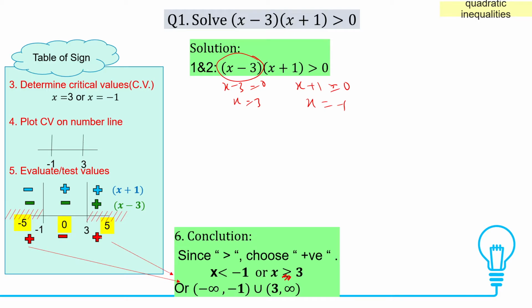So after I have this red color conclusion, then I use the same thing. I look, here is greater than, so I choose the positive, so x less than negative 1, x greater than 3. So the conclusion, regardless whether you use table of sign, the real number line or whatever, your conclusion must be the same.